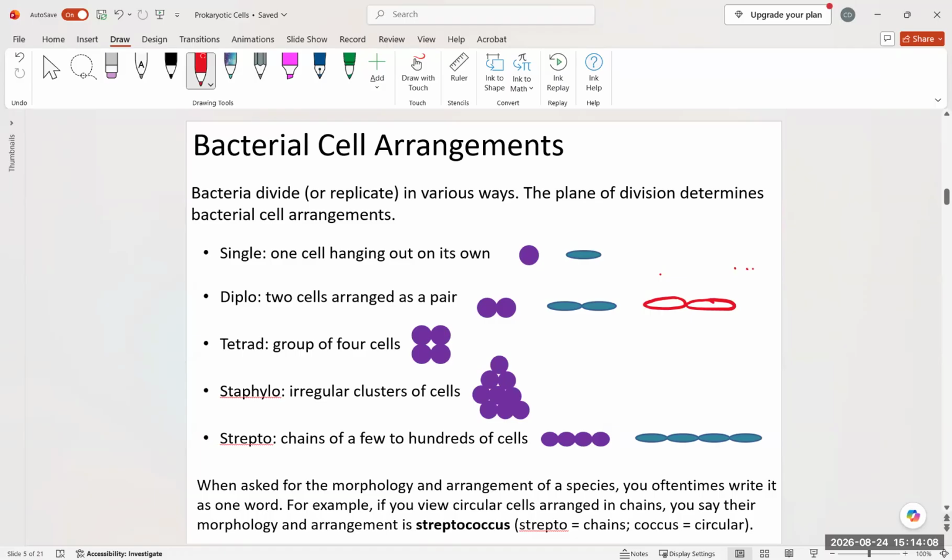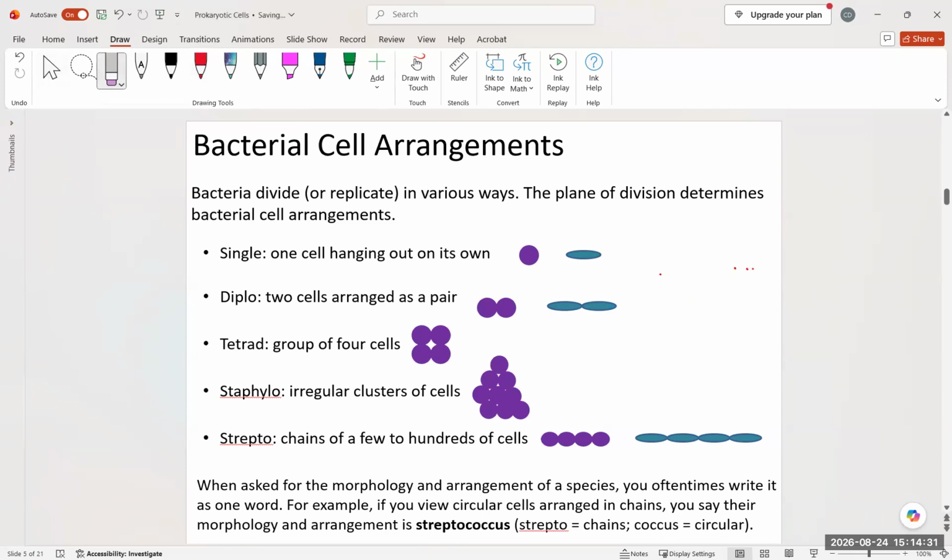The coccus cells are able to divide both essentially long ways and short ways, because it's the same thing. And so they are able to stack on top of each other. So if we're referring to a tetrad arrangement, you know that the morphology of the cell must be coccus.